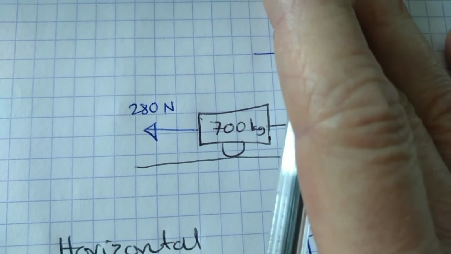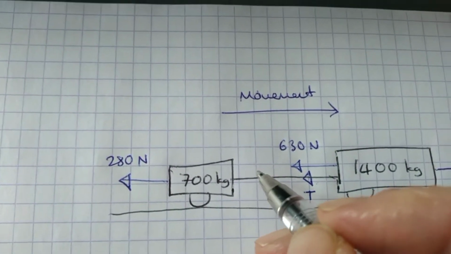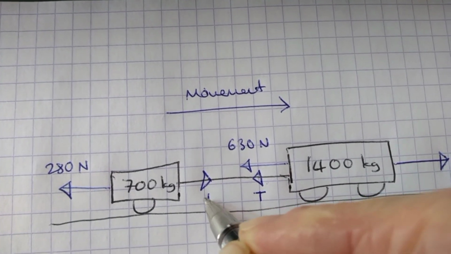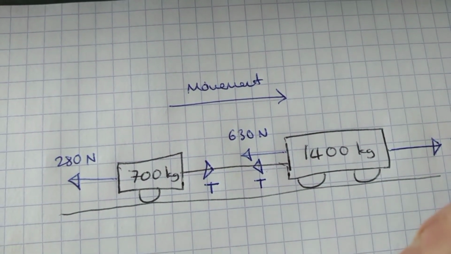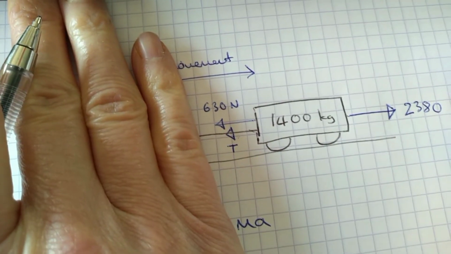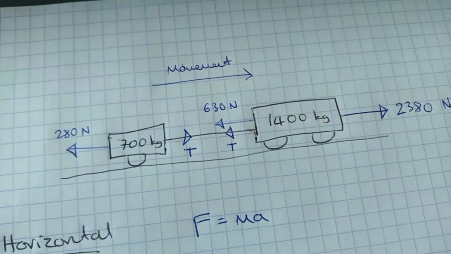That can't be right because it's definitely moving forwards just as the car is. So what's pulling it along is the tension in the tow bar. The tow bar is pulling the trailer and it's holding back the car. So this is where we look at the two things separately.